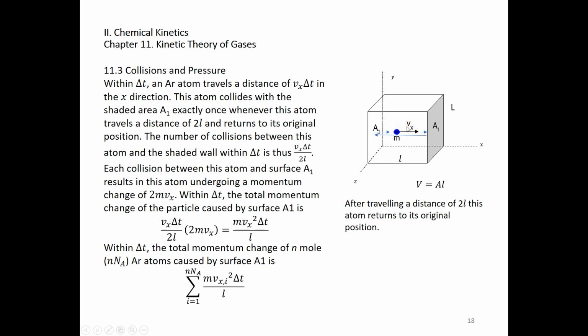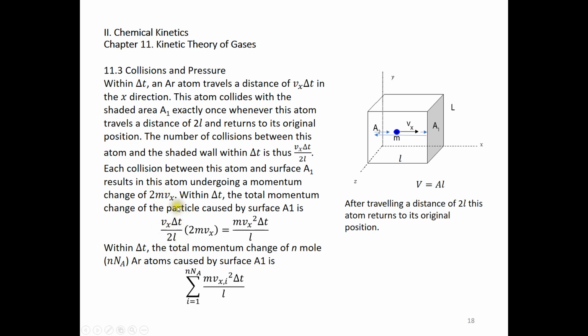So the magnitude of the change of the momentum should be 2mVx. It goes from negative mVx to positive mVx, or from positive mVx to negative mVx. Either way, the magnitude of the change is 2mVx.